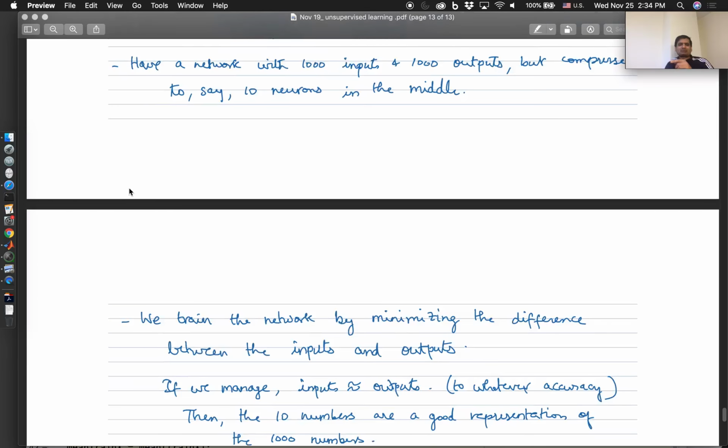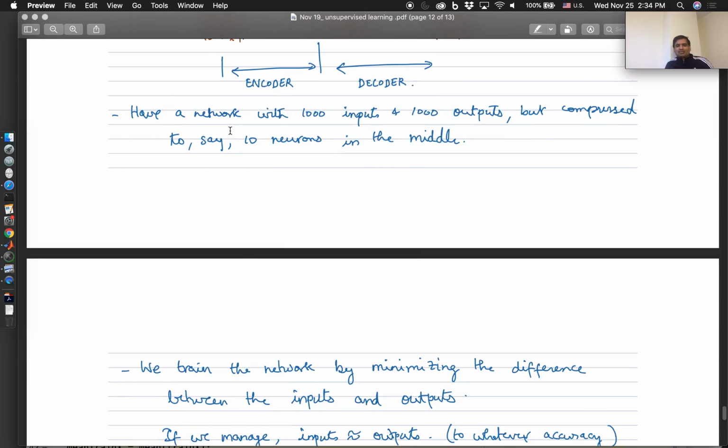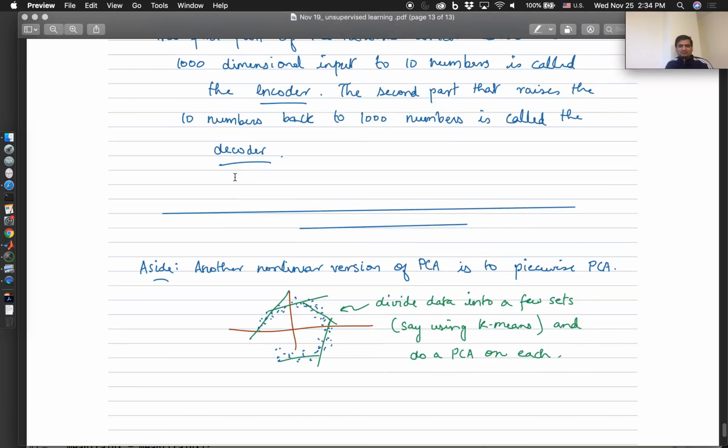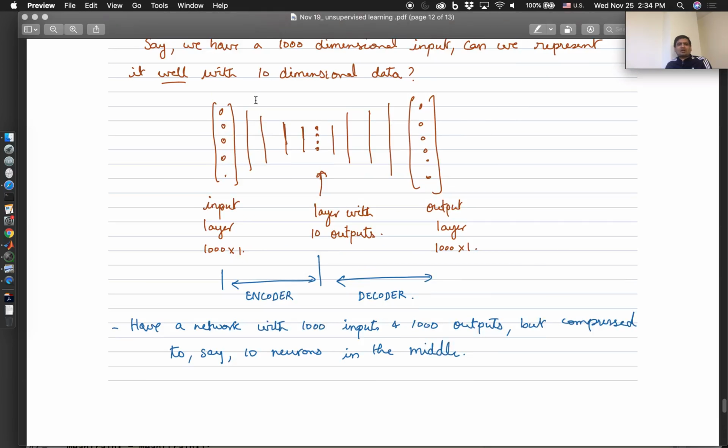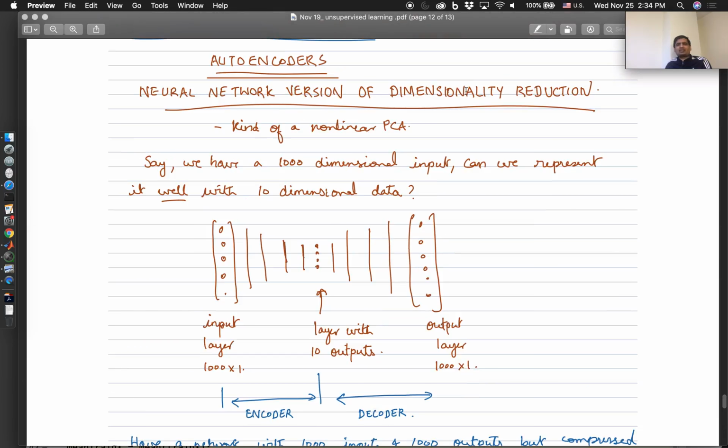These words are just explaining what I just explained. Another nonlinear PCA method is what would be called piecewise PCA. There's also something called kernel PCA, which I think does nonlinear PCA as well. I suppose autoencoder would be considered a nonlinear dimensionality reduction method.